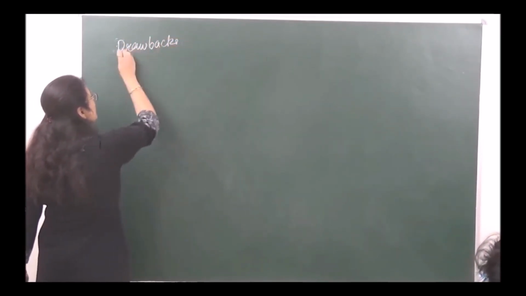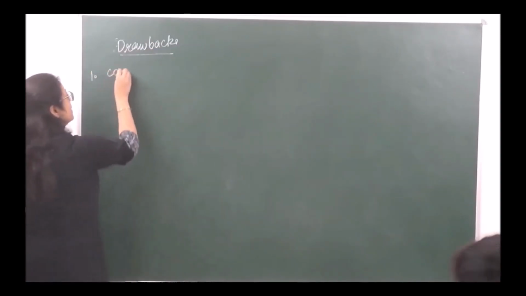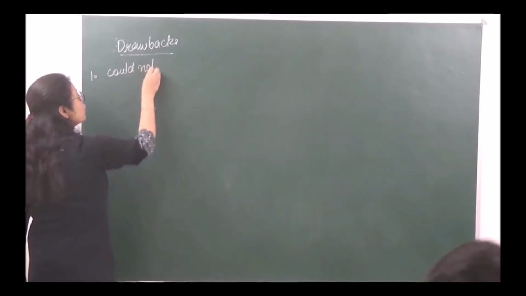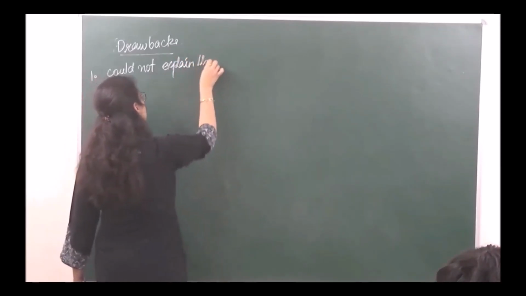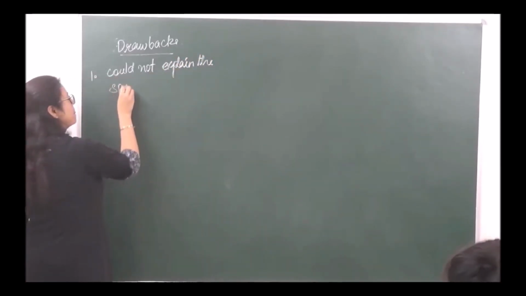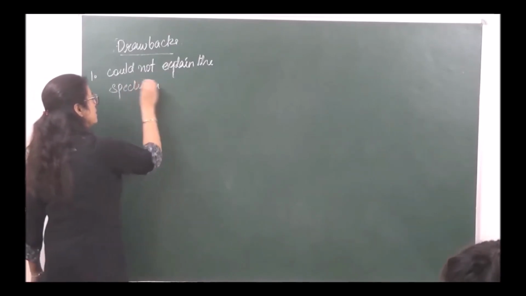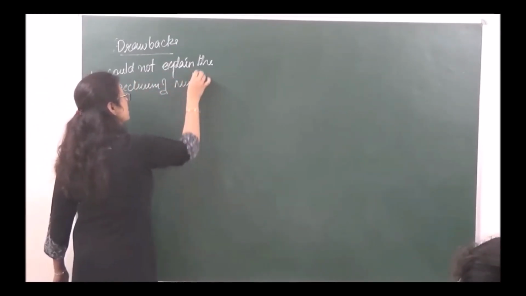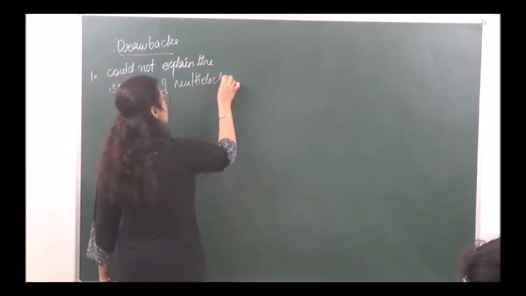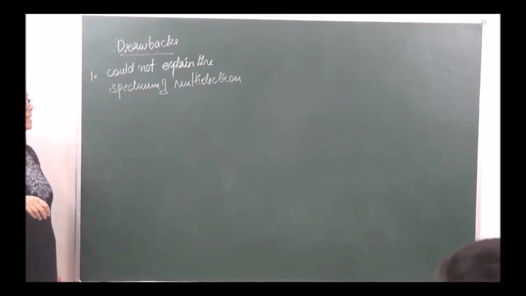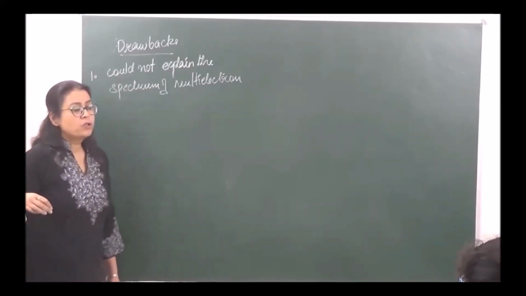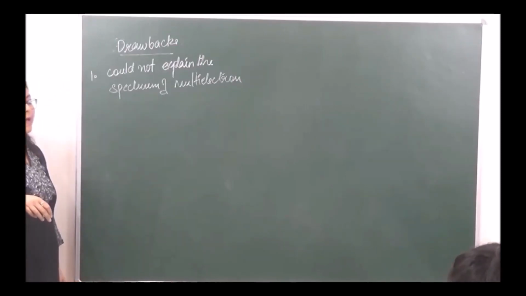The first drawback was it could not explain the spectrum of multi-electron systems, which means it could only explain the spectrum of those systems which had one electron, hydrogen and hydrogen-like ions.